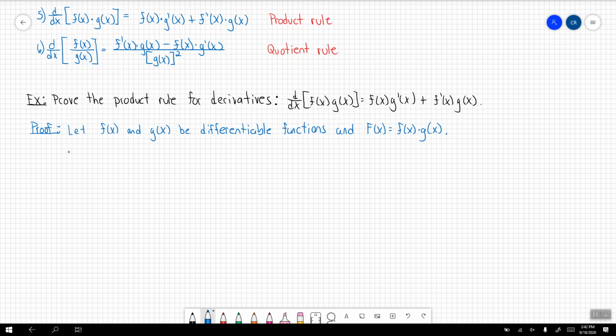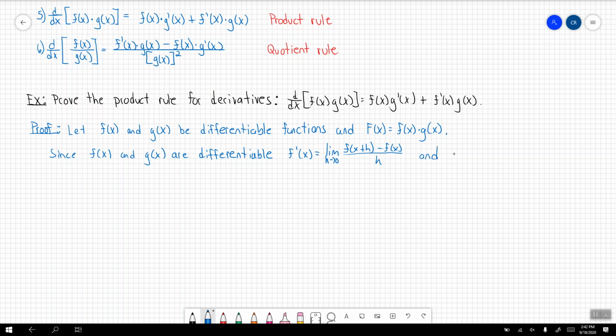So I'm going to say, since f of x and g of x are differentiable, we get that f prime of x is going to be the limit as h is approaching 0 of f of x plus h minus f of x, all divided by h.